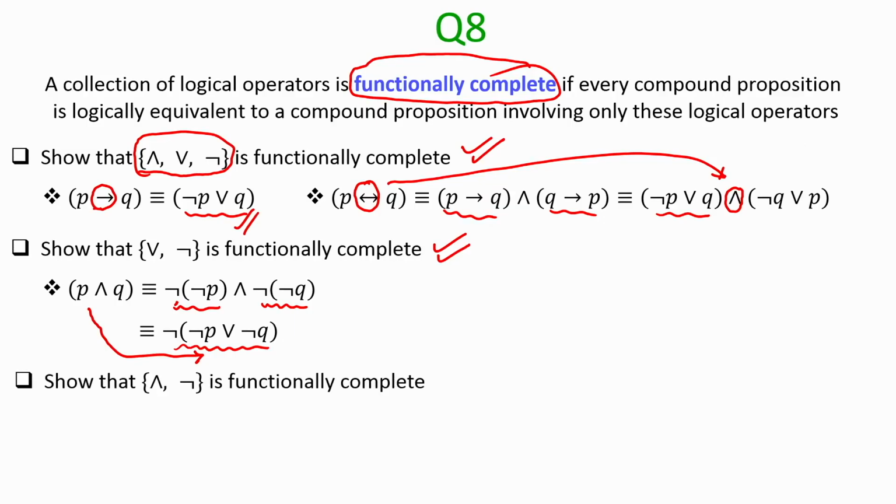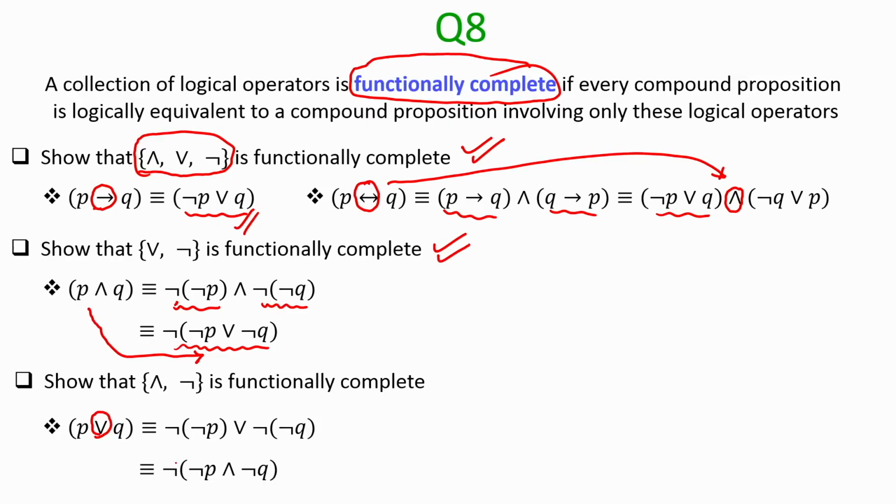Okay. The third part now says that you have to show that only the negation operator and the conjunction operator are functionally complete, and here we have to show how we can represent a disjunction in terms of conjunction and negation. And again we have to do a similar thing to what we did for the previous part.